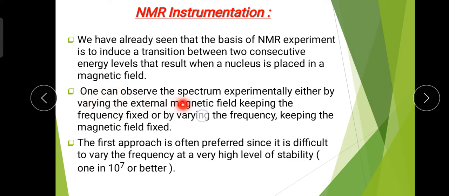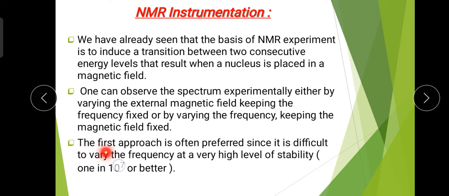One can observe the spectrum experimentally either by varying the external magnetic field, keeping the frequency fixed, or by varying the frequency, keeping the magnetic field fixed. If we vary the frequency, then we have to keep the magnetic field constant.